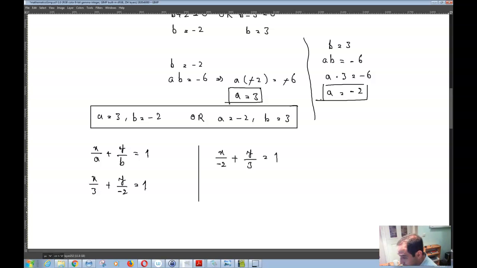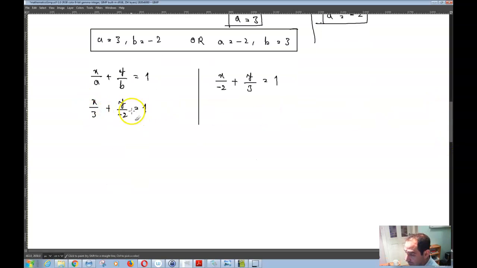So then you can of course simplify these if you want to. You can multiply by negative 6, for example, and you'll get negative 6x over 3 plus negative 6y over negative 2 is equal to negative 6. Actually, you could have multiplied by a positive 6.